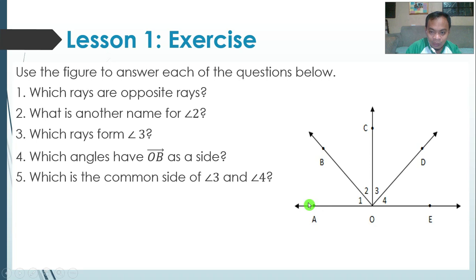Because of this one, angle AOB. That's why na-form si angle 1 or the angle BOA. Then same also with angle 2. Part si OB ng angle 2 because of this one, di ba? BOC or COB. Okay, then try to answer number 5. Which is the common side of angle 3 and angle 4? So try to answer that one.